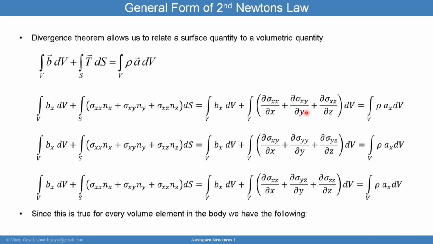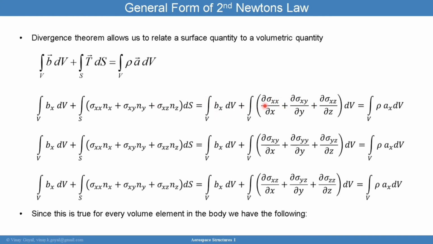And it is a mathematical miracle. Think about it. We're able to relate a quantity that's a gradient of stress, stuff happening inside the body, to stuff happening on the surface of the body. And that's an amazing relationship that allows us to do this.